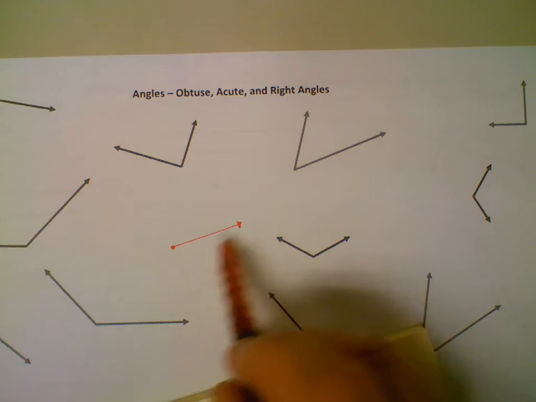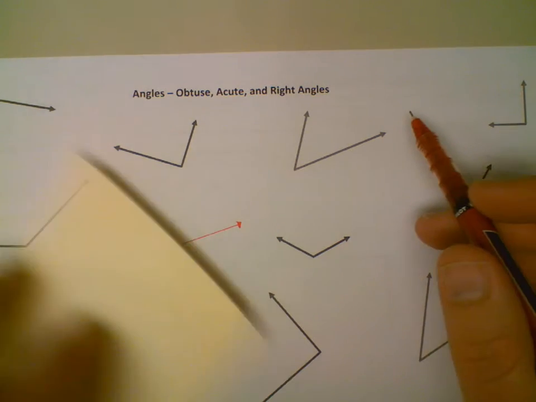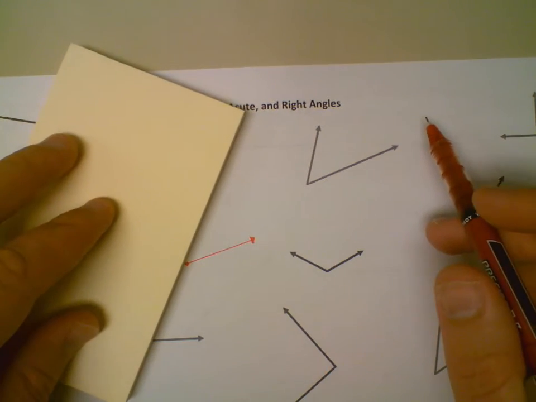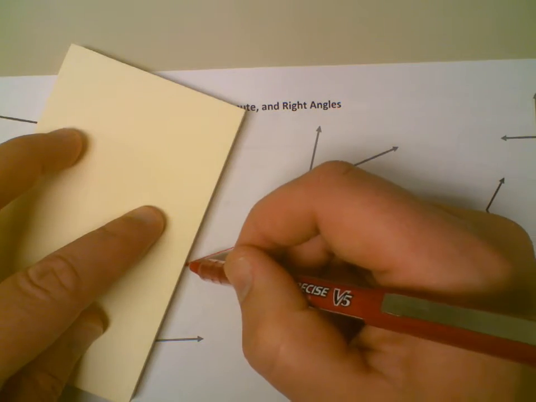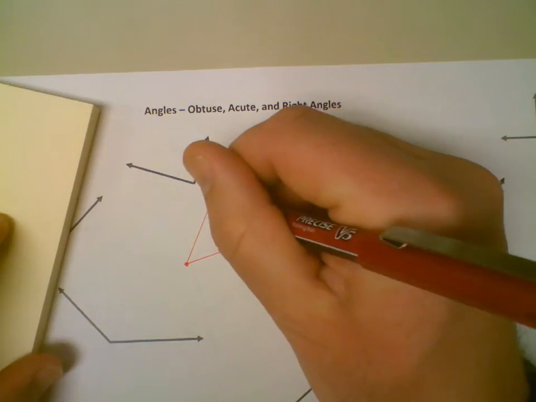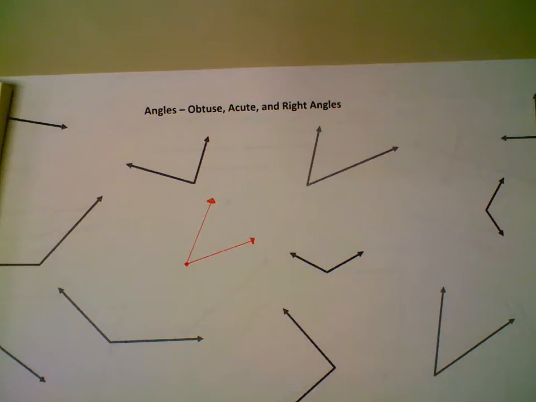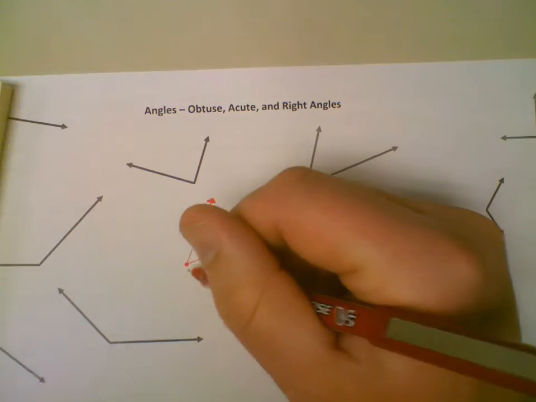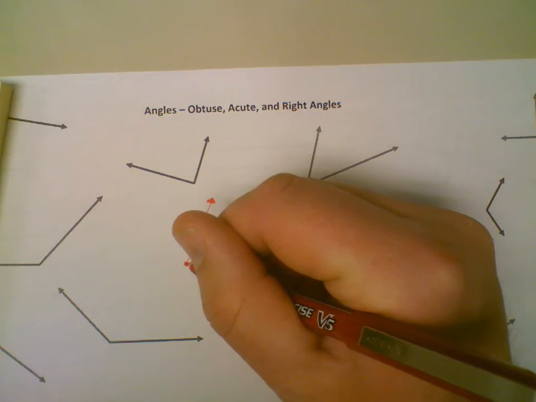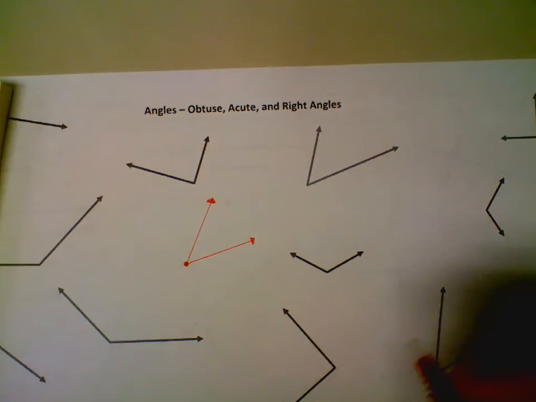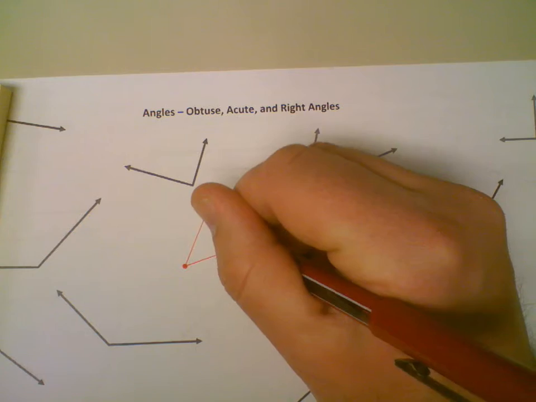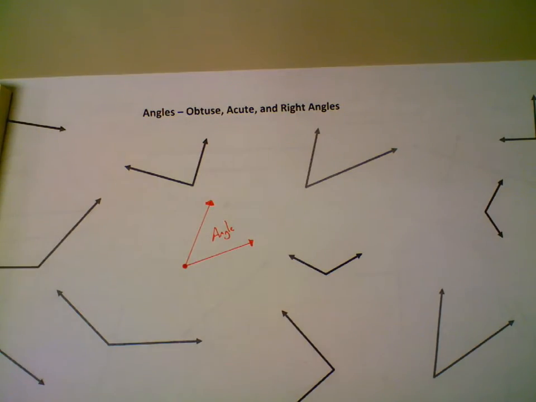So that's a ray that extends out of a point. Well, what if I take that same point and add another ray? So two rays that emerge from the same point. This is an angle, okay?